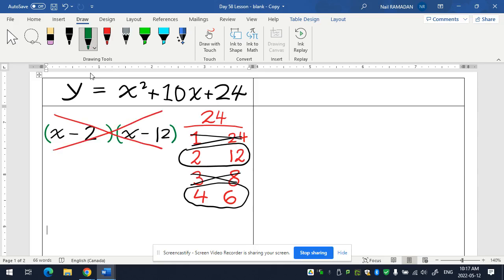So what's the only other pair we're going to choose? 4 and 6. I heard Abu Bakr say something. Both must be positive, because that's the only case you're going to produce once you expand. That's the only case where you're going to produce a positive 10 and a positive 24.